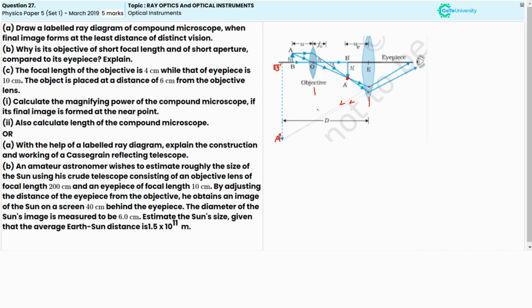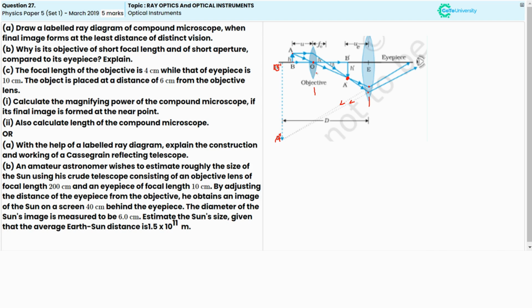The distance is noted here as D, from the eyepiece lens to the zoomed image where I can see. It is not always necessary that it is behind the objective; sometimes it may come here also. In this way the compound microscope works, my dears.